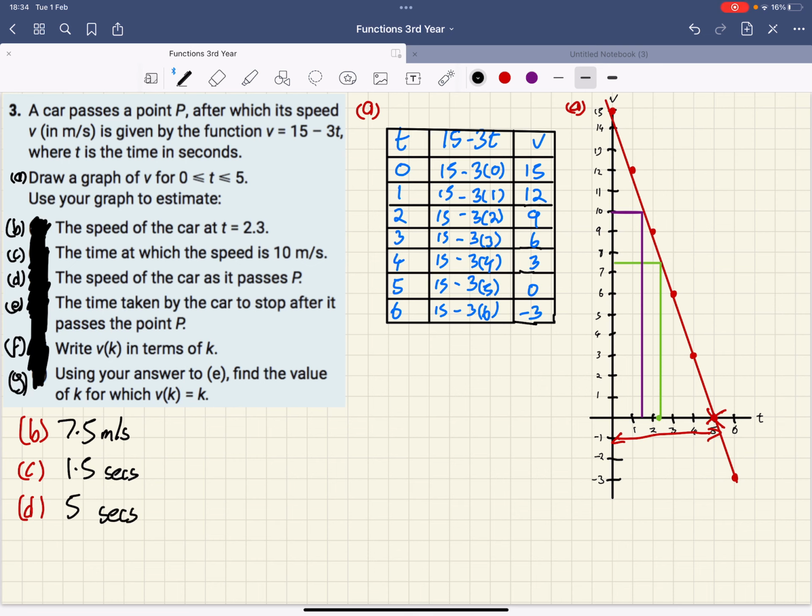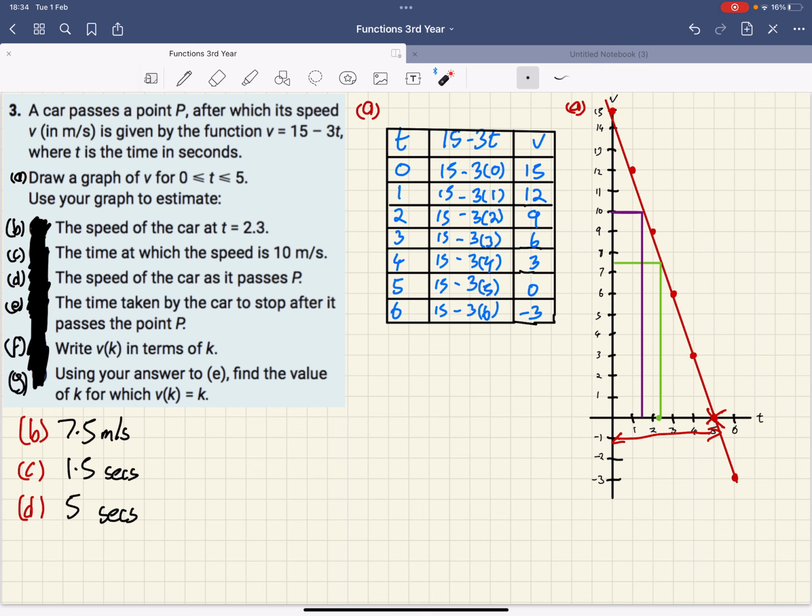So it passes the point P up here. After 1 second its speed is down to 12. 2 seconds, the speed is down to 9. 3 seconds, speed is down to 6 meters per second. Then 3 meters per second, 0 meters per second. And the car then somehow goes minus 3 meters per second down here.